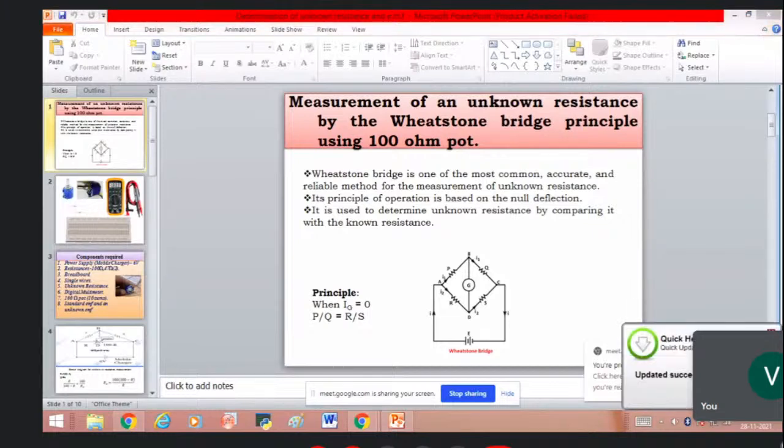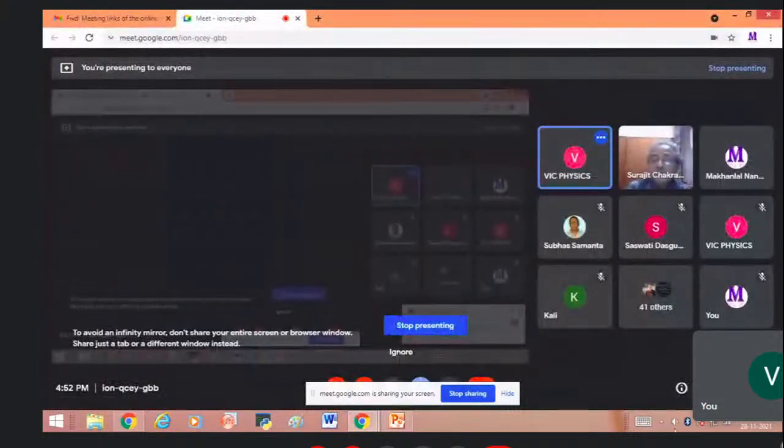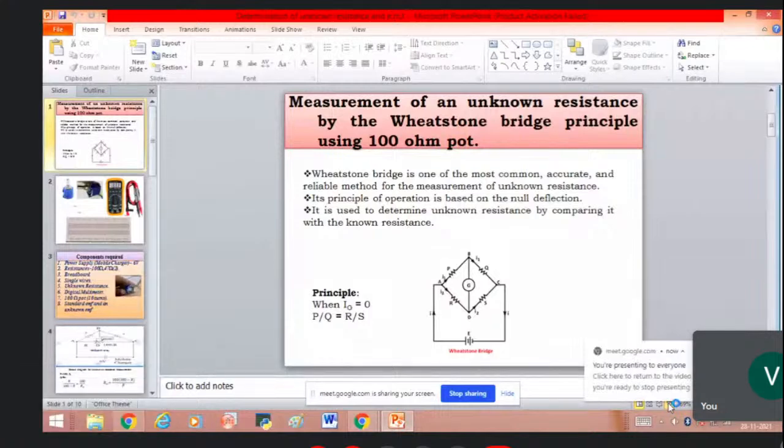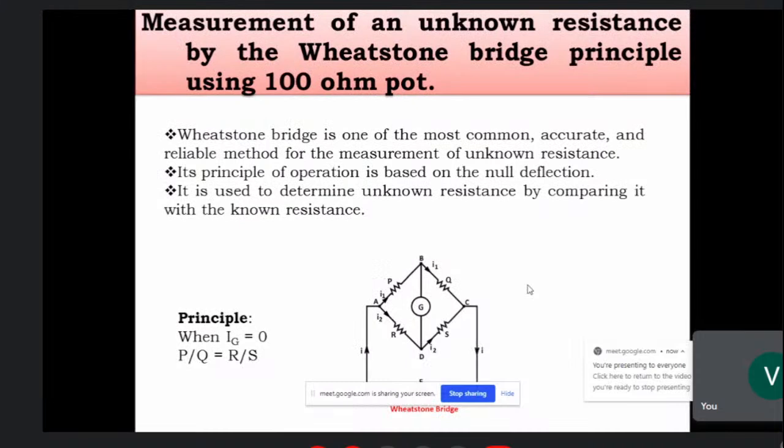Yes, full screen mode. Yes, sir. It's better now. Thank you, sir.